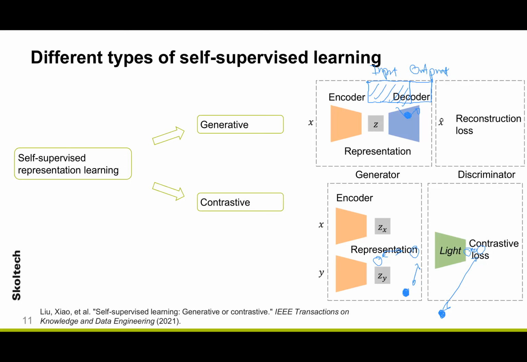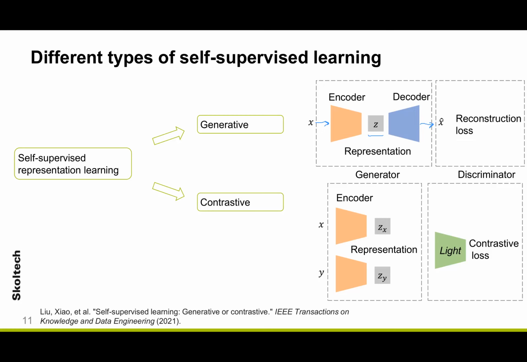We can represent this problem in this architecture. It's also another useful perspective to look at self-supervised learning as a game between a generator and a not that complex discriminator, actually very simple. For generative learning, we have X as input. We put it into an encoder, get some representation Z in the middle, and decode this representation to get X hat, or some new parts of X recovered.